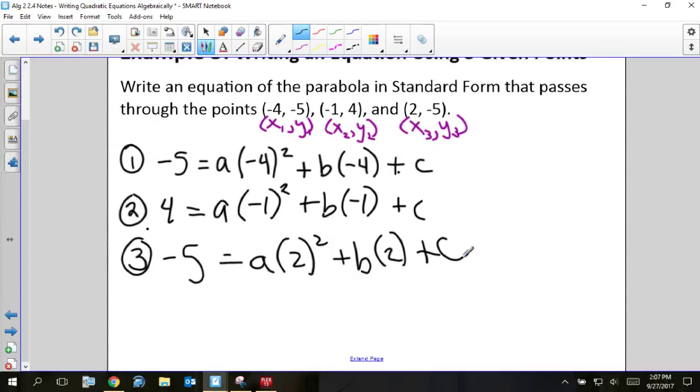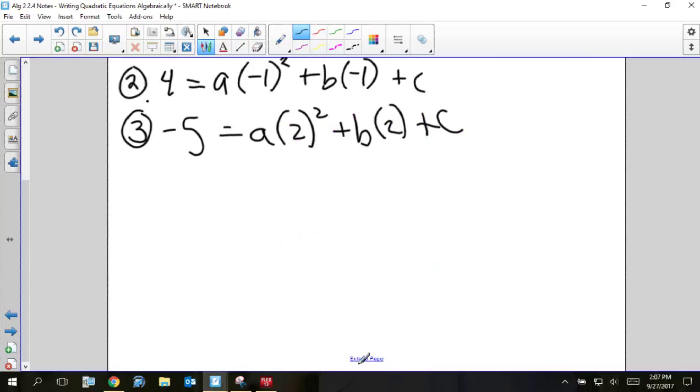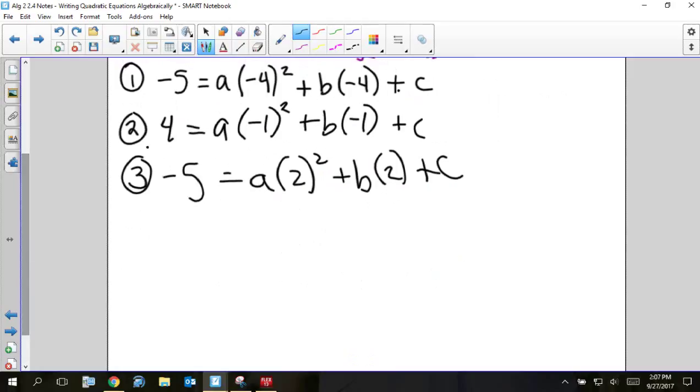Questions about why I plugged what numbers in where? No questions? So now I'm going to take equations 1, 2, and 3 and rewrite them a little bit simplified. Like I'm going to square the negative 4, so they're easier numbers to work with.